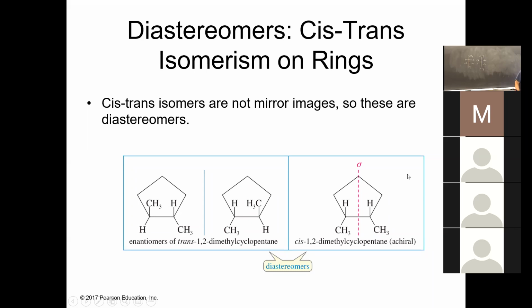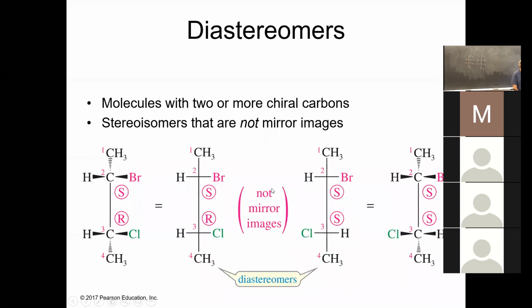Okay, well, it just so happens that the cis has a plane of symmetry, and it is achiral. But the trans does not have a plane of symmetry. So here we have 2-bromo-3-chlorobutane.